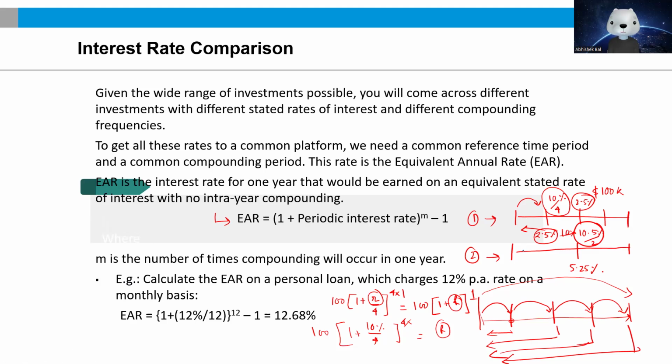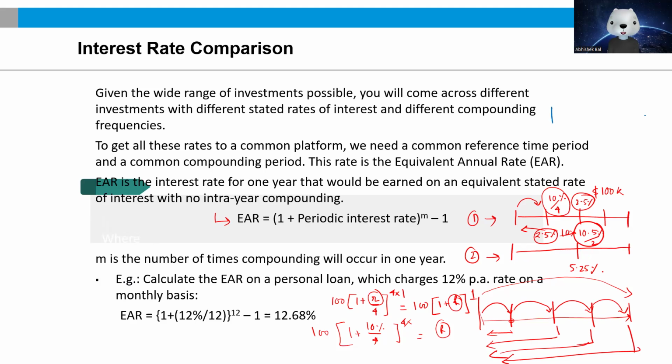That also means that now we can extend the same concept to the second security as well. If we could do it with the first security, which was bearing quarterly interest, we could do the same with a security that bears half yearly interest. Am I right?